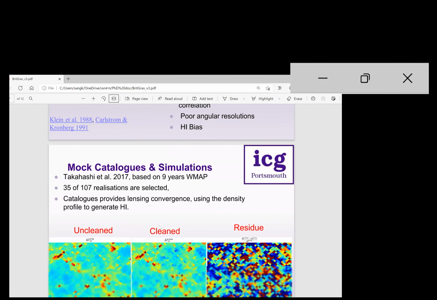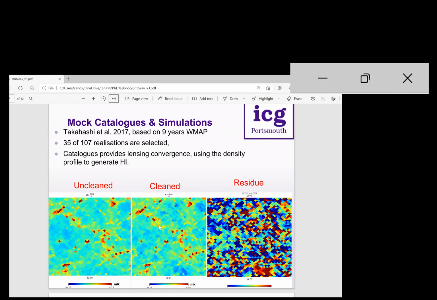In order to study the two-point statistics between these two cosmological fields, I used the Takahashi et al. 2007 catalog, which is based on 9-year WMAP. I selected 35 realizations of that catalog from 107 realizations.